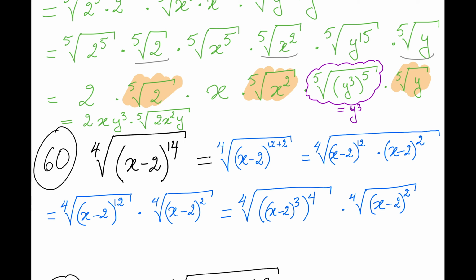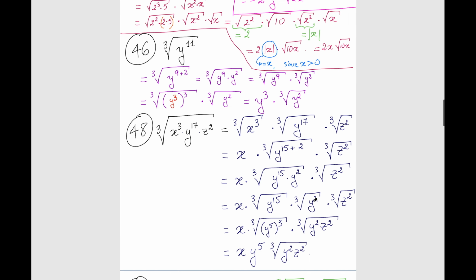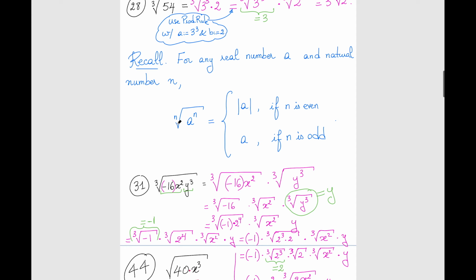Okay. And now, just to be clear, how about I erase this and write it in different colors so you can see it better. So we had (x minus 2) to the power 3, correct? So what's the setup here? The setup is the nth root of a to the n. That's the absolute value of a if n is even, and n is even, in this case it's 4.